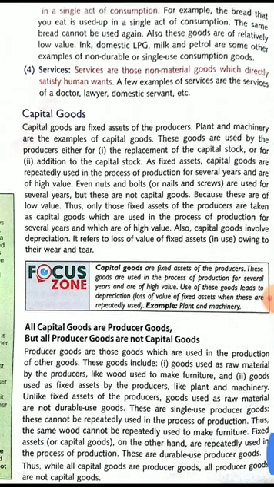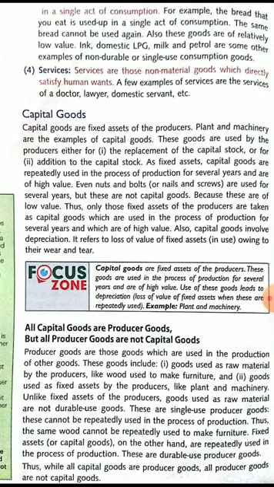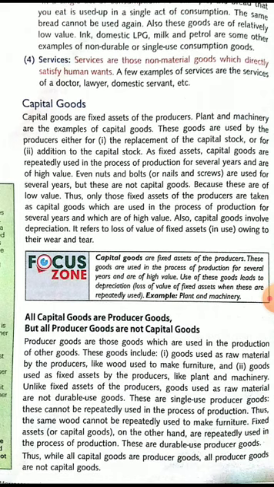Another important characteristic of capital goods is that these are goods which are used in production for several years, and the value of these goods is reduced due to normal wear and tear. That is called depreciation.